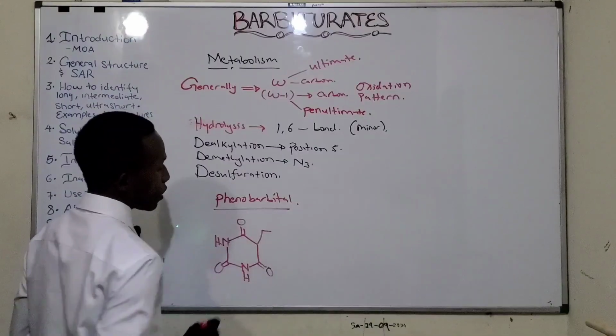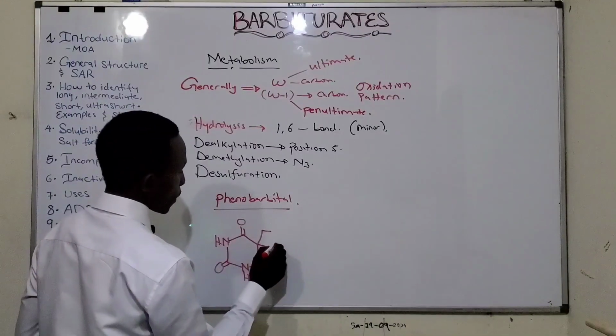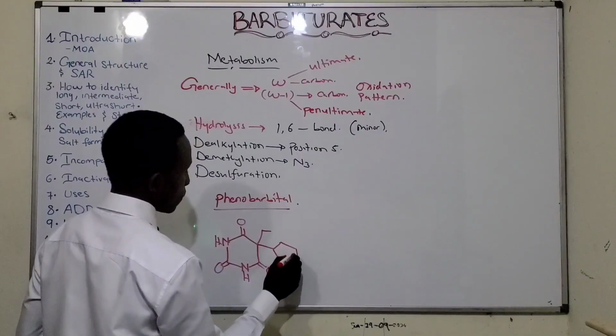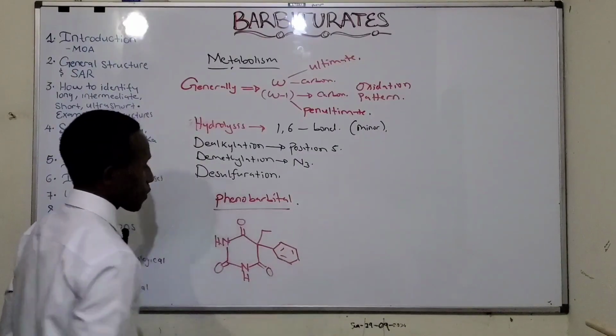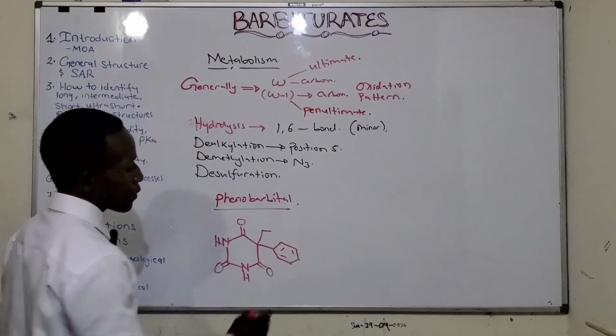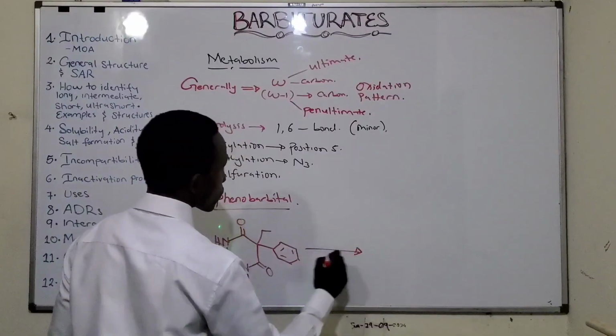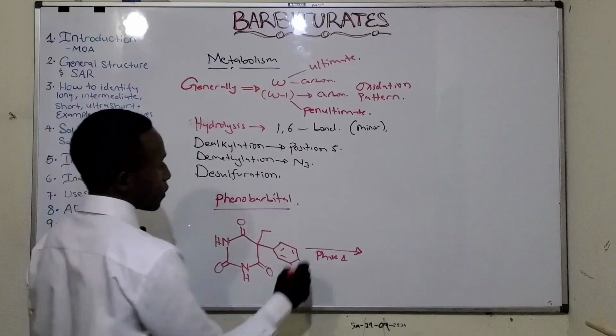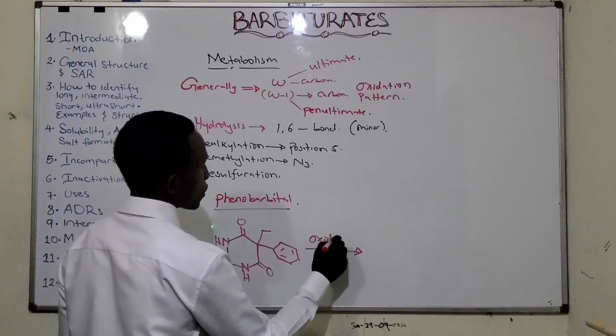Here we have ethyl and a phenyl. This one undergoes phase 1, of course oxidation.